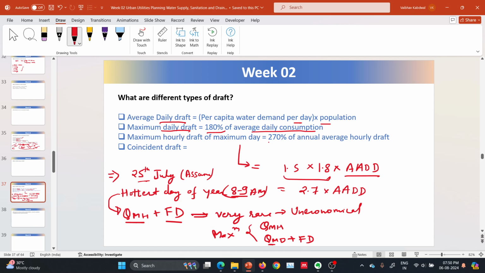The fire can break out on this day. It can cater the demand of maximum daily, but not for a few hours. That's the concept here. On the maximum day it can cater, but not at the hour when fire and hourly demand are at peak. So that's why it is not considered, because it will make the design uneconomical.